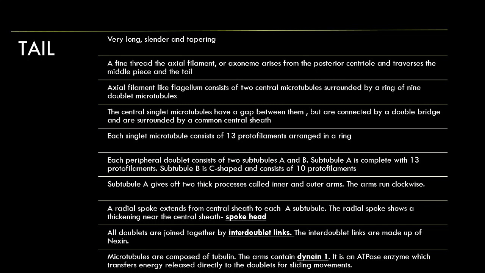All doublets are themselves joined by interdoublet links, which are made up of nexin protein, and all the microtubules are formed of tubulin protein. The arms contain dynein 1 protein, which has an ATPase enzyme which transfers energy released directly to the doublets for their sliding movements, which help in the movement of the tail.